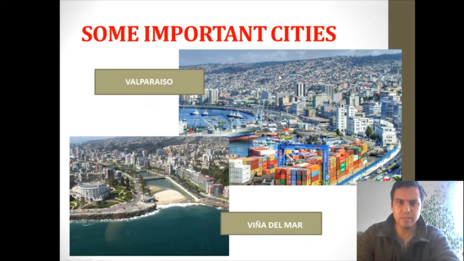So the city is between the coastal mountain range and the Pacific Ocean, the same as in this photograph of Viña del Mar. We have the same mountains there and the ocean. So the cities are between the ocean and the coastal range, which are mountains by the ocean. Okay.